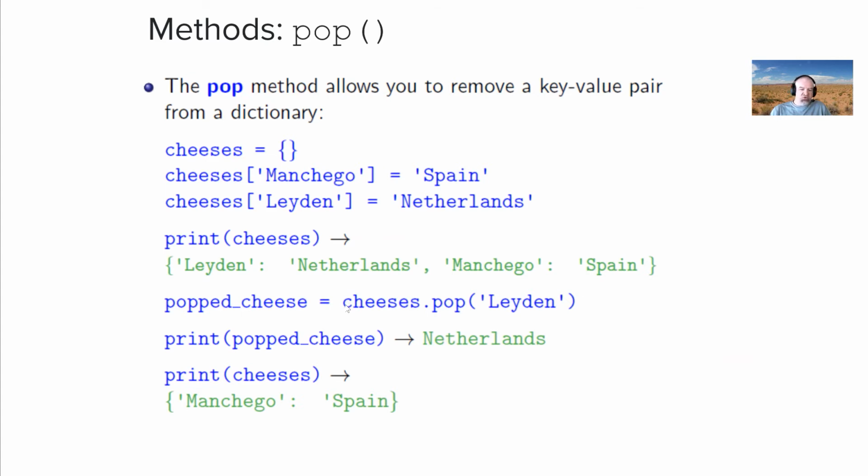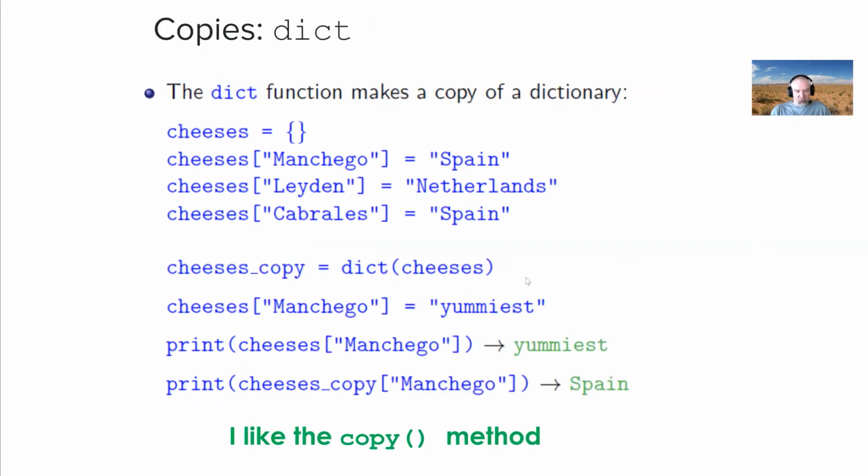So this bit of code evaluates to the value of the key value pair Leiden Netherlands, and so popped cheese will be the string Netherlands. Okay. So it's slightly different because it's a dictionary, but essentially this is stuff that we've already seen before. It works more or less the way that it did for lists. So this should be fairly straightforward for all of you.